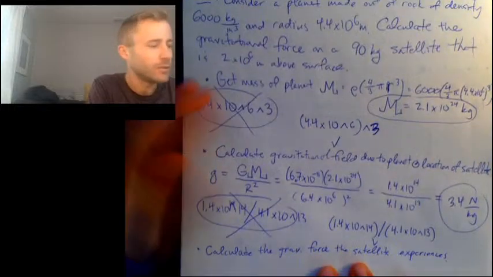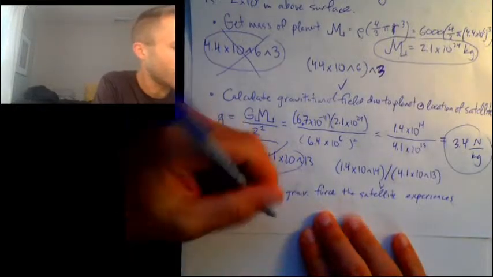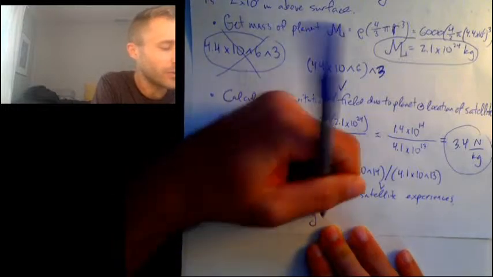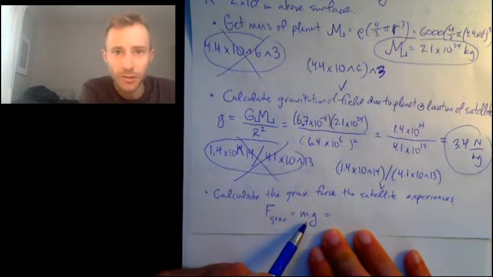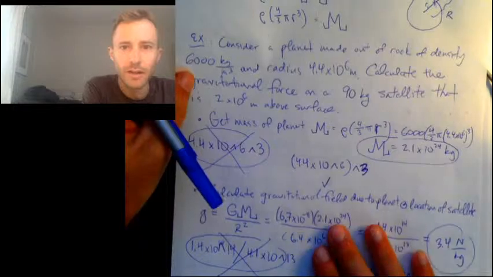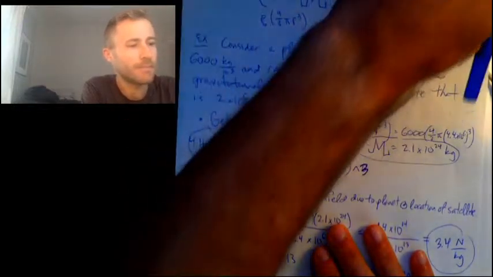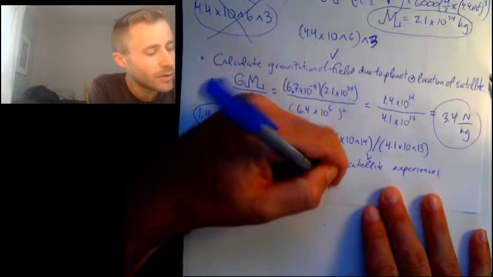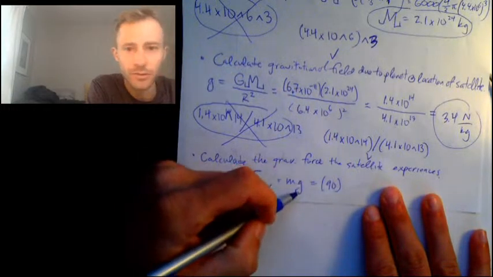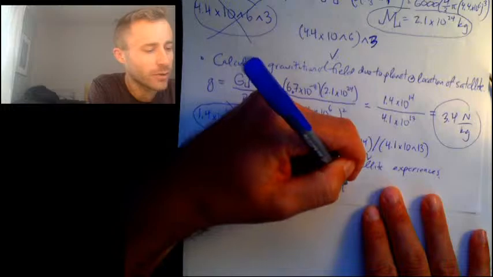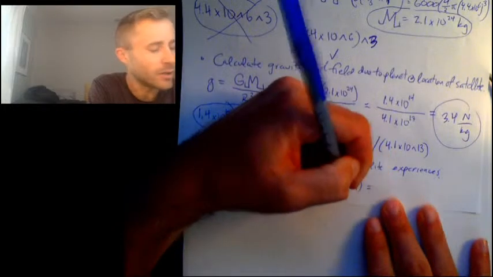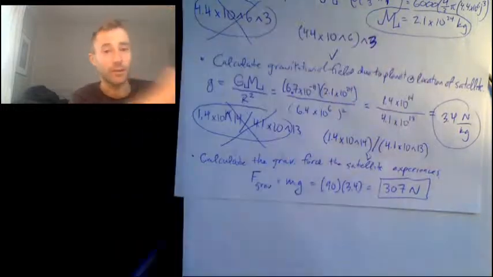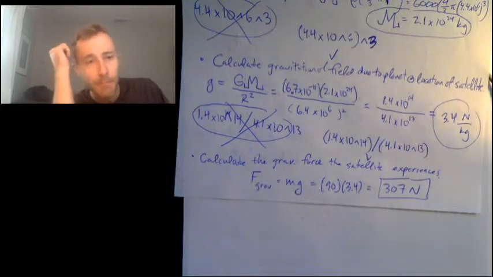Okay? So I have gravitational force equals mass times gravitational field. The thing experiencing the gravitational field is the 90 kilogram satellite. And the size of the gravitational field is 3.4 newtons per kilogram. So we get 307 newtons is the force that it experiences. Okay?